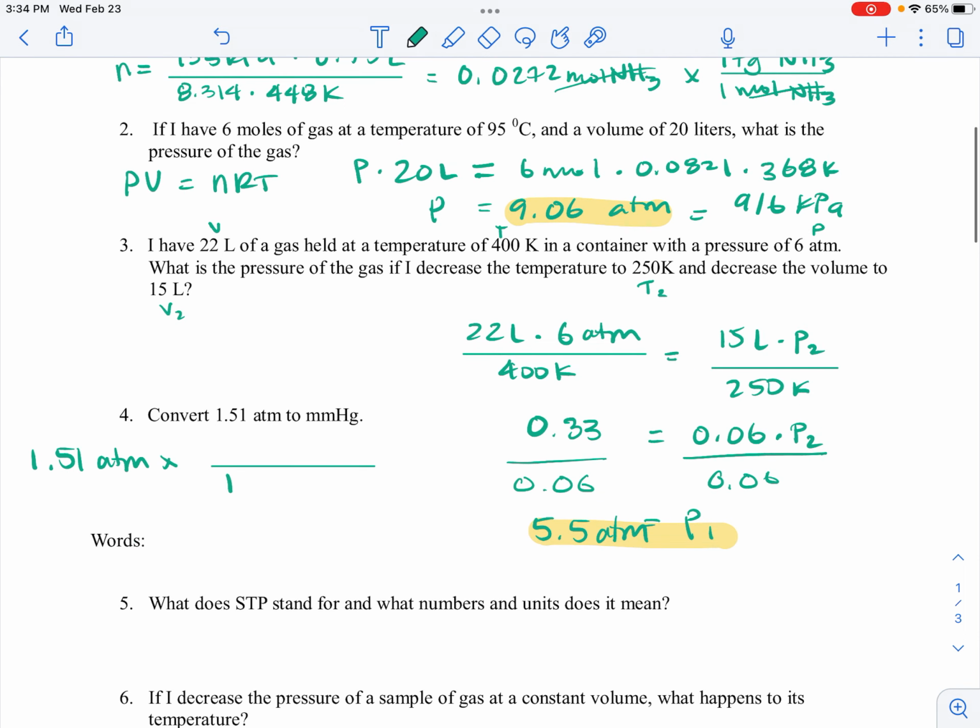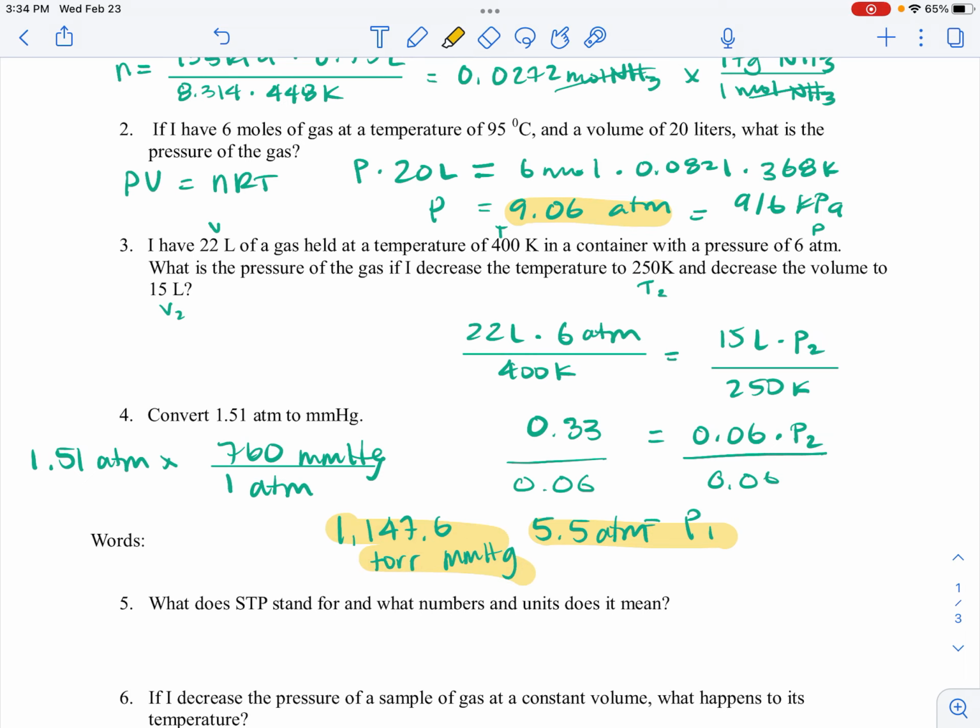So I'm going to write 1 ATM on the bottom so it cancels out, and 760 millimeters of mercury on top. I'm going to take 1.51 times 760, and you end up with 1,147.6, and the label would be either torr or millimeters of mercury. They mean the same exact thing. So that is your answer for number 4.